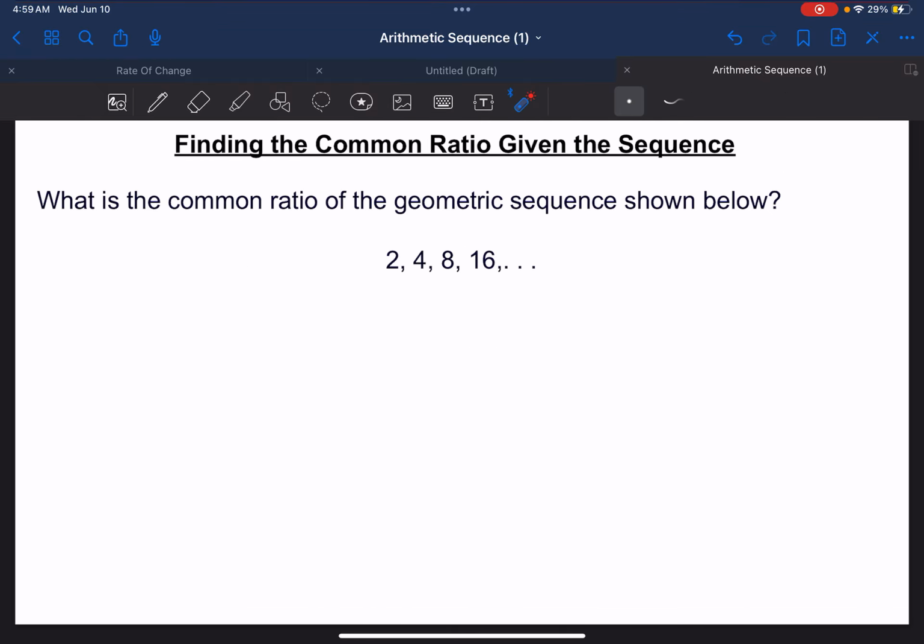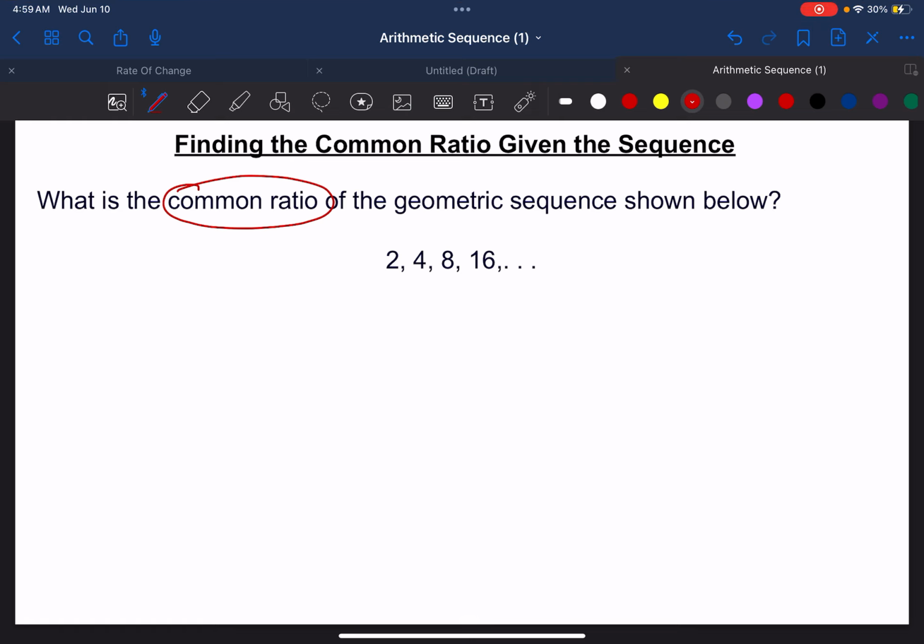This Regents question is, what is the common ratio of the geometric sequence shown below? Let's annotate this problem where it says common ratio. That's a giveaway that we're using the geometric sequence formula, or that this is a geometric sequence.